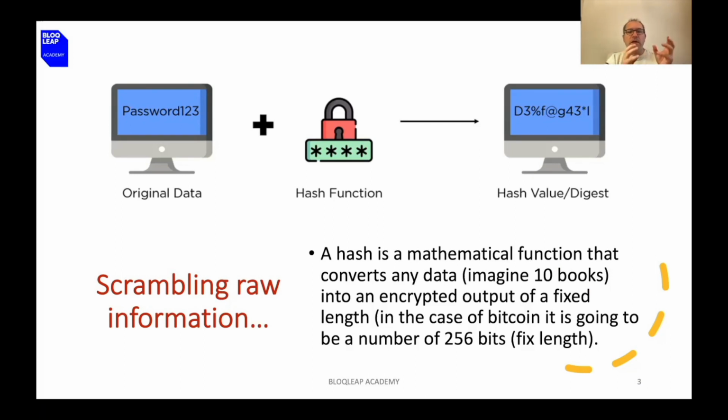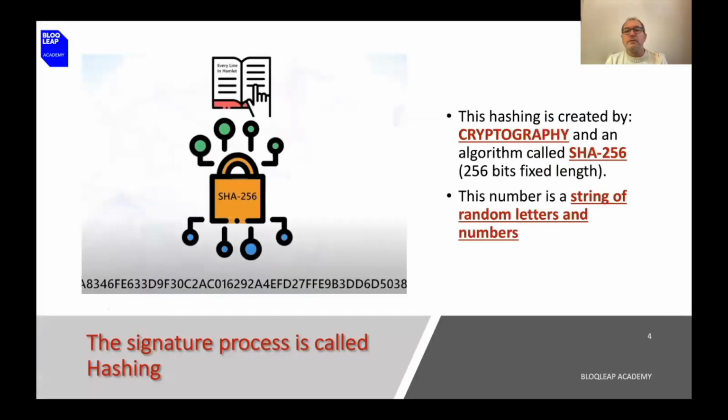This is what we call one-way hashing. This is more or less what it looks like: SHA-256 takes raw numbers and letters all together, and this is what your hash result looks like.